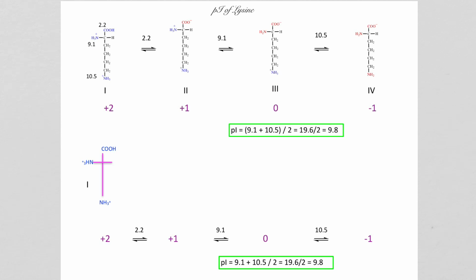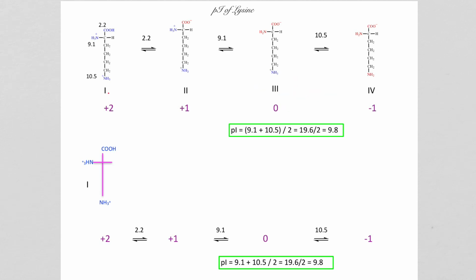So this means if I place lysine at pH 9.8, which is the pI of lysine, 100% of all lysine molecules will have structure 3, where the net charge is 0.